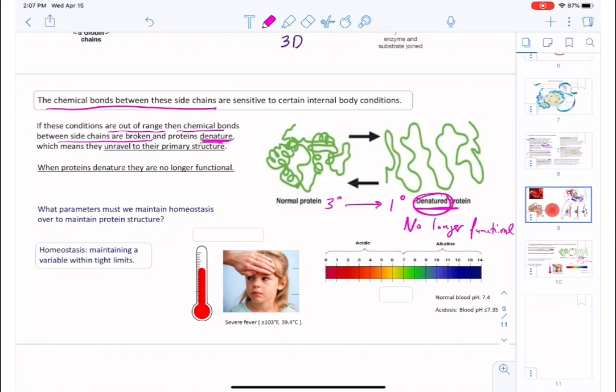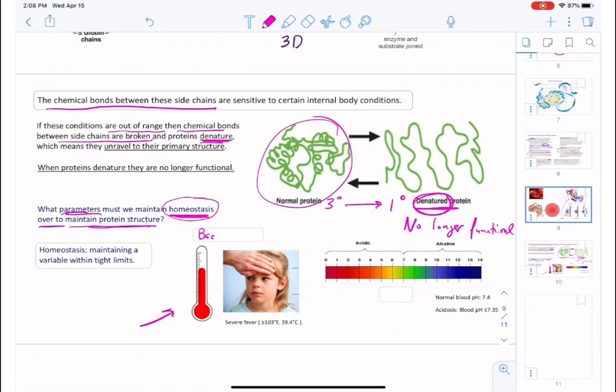So what are these internal parameters that we have to maintain homeostasis over to maintain protein structure? What homeostasis is referring to is just maintaining a variable within tight limits. So what are some of these internal body conditions we have to maintain homeostasis over to maintain this tertiary structure?